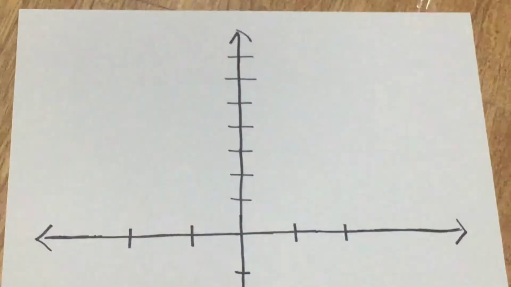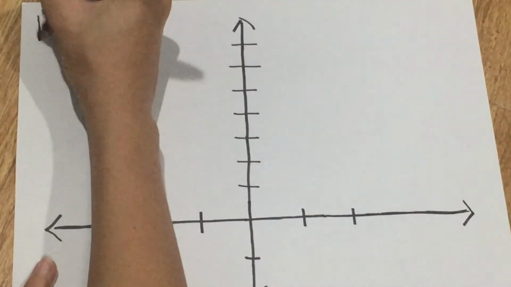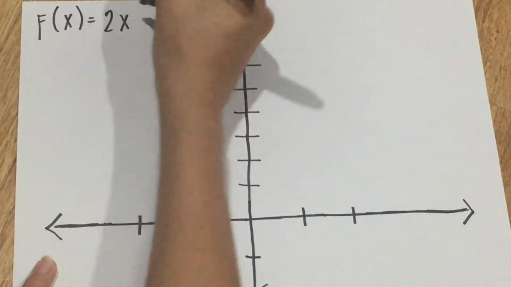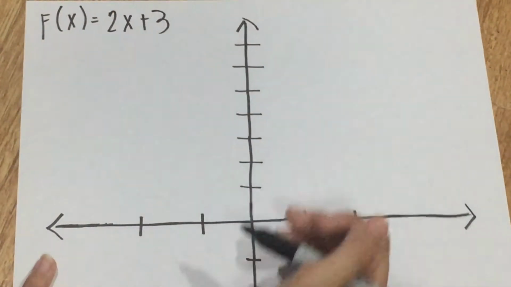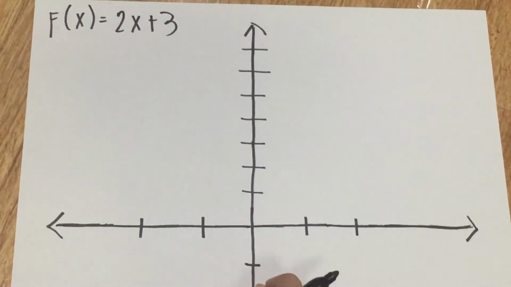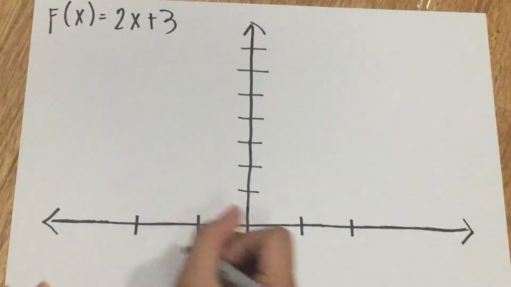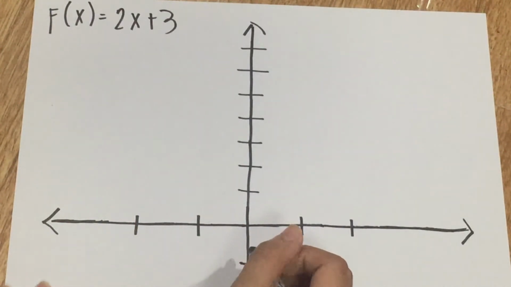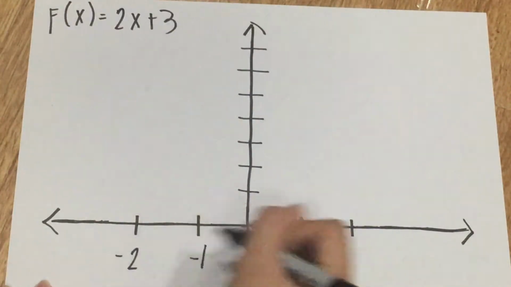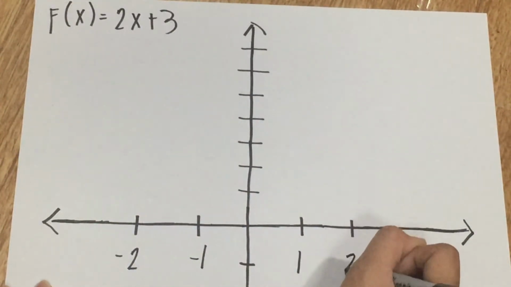So we will graph the given f of x equals 2x plus 3. So we will indicate first the x values: negative 2, negative 1, 0, 1, and 2.